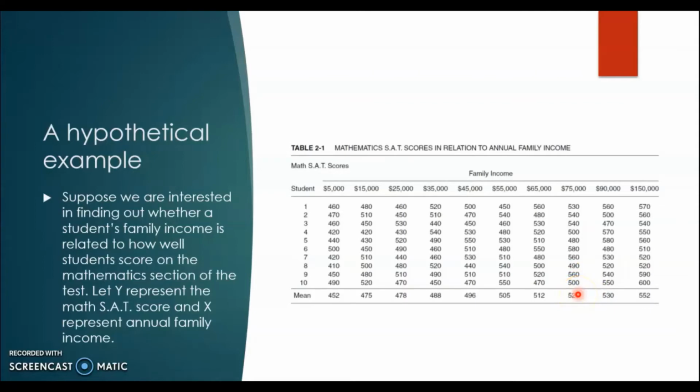So how do we explain the score of an individual student in relation to income? In other words, how do we integrate this information in our regression function?